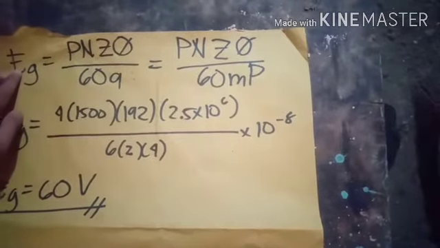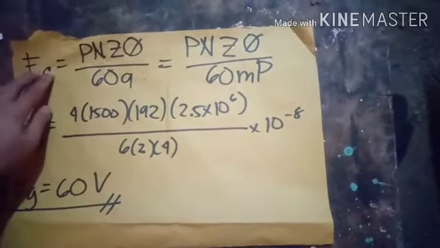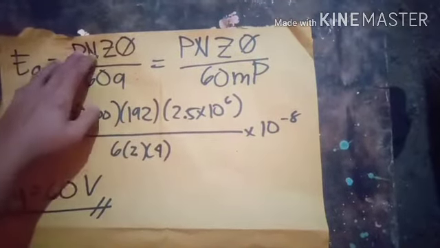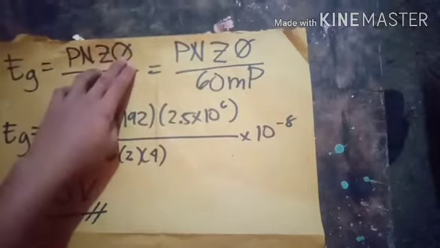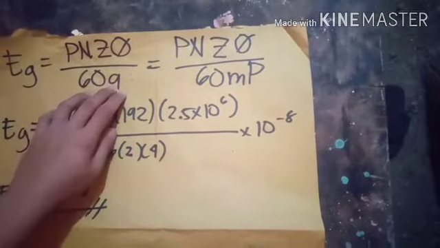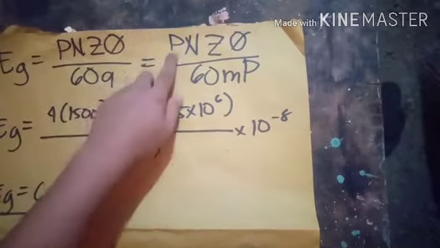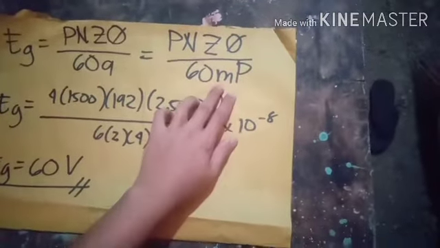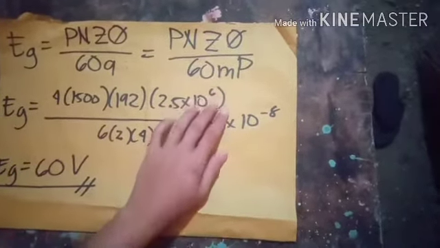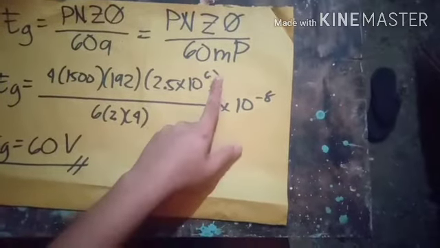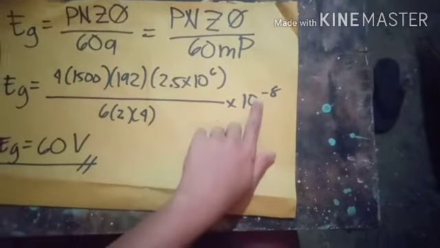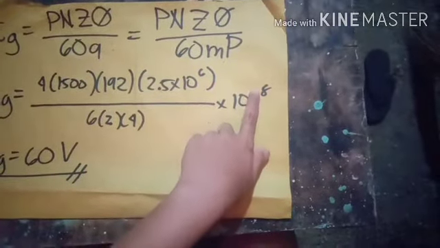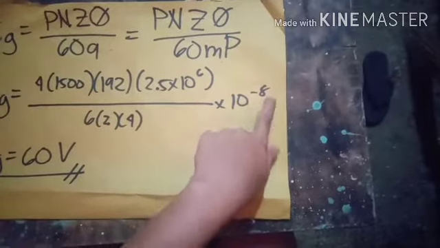So the output voltage formula is EG equal to P N Z flux over 60 A, which is equal to P N Z flux over 60 M P. We convert the Maxwell into Weber, so it is times 10 to the power of negative 8.